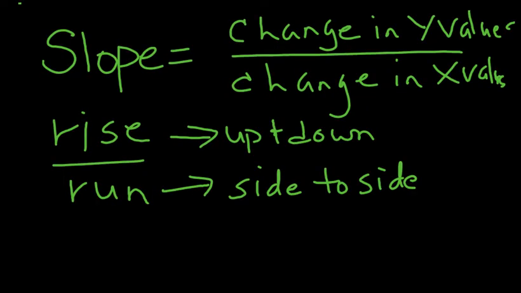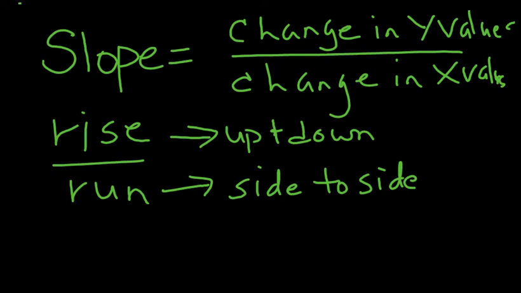Slope is really the change that's happening in the y values, that's the top number of slope, over the change that's happening in the x values. Slope can always be written as a fraction. If slope was the whole number 6, for instance, you would write it as 6 over 1.